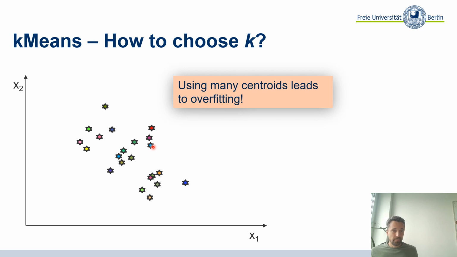And using the optimization objective won't really help here. You can't minimize this by varying your k, because you will end up using a very, very large k, overfitting to the data, and then your objective is 0. So that's something that we don't want to do.